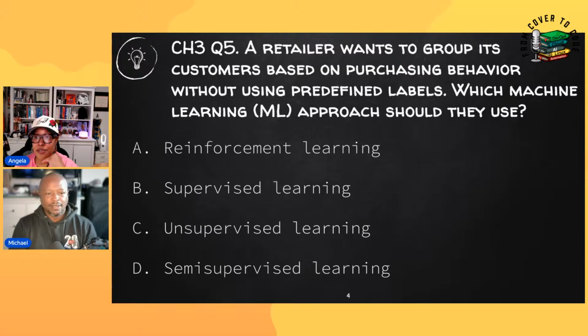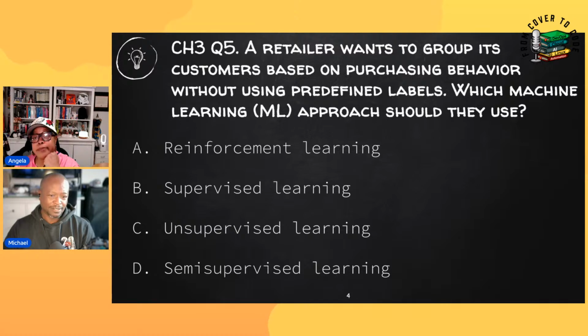So we're definitely going to cross out A. It's not reinforcement because it didn't say anything about rewards or penalties. Agreed. And if you're not using labels, then it can't be supervised.